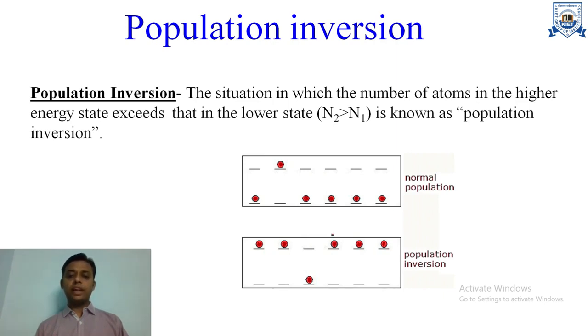But for laser action, N2 should be greater than N1 for stimulated emission to take place. The situation in which the number of atoms in the higher energy state exceeds that in the lower energy state is known as population inversion, and this state is required for stimulated emission.